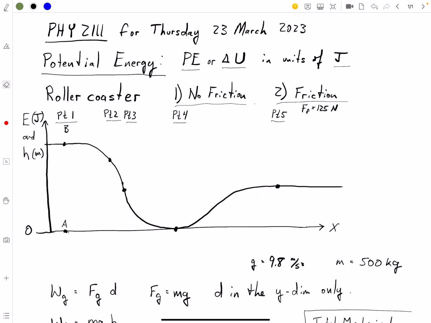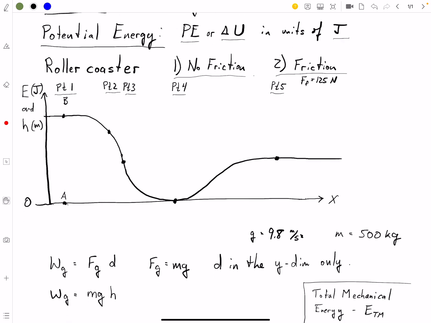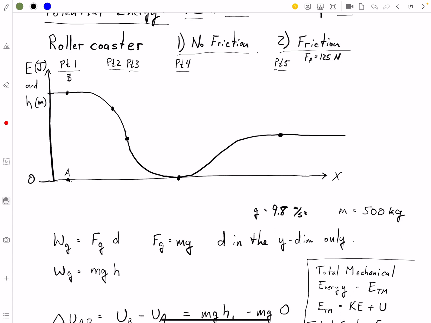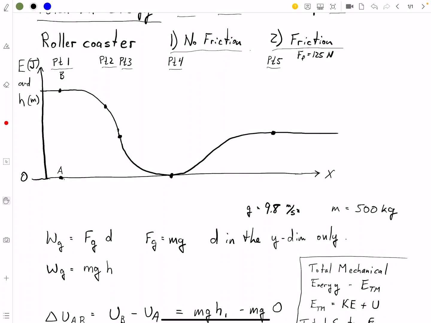Let's get to it. The first thing I want to say is the work of gravity. So I'm looking down at this equation here. The work of gravity is equal to the force of gravity times the distance, and the force of gravity is mass times gravity.